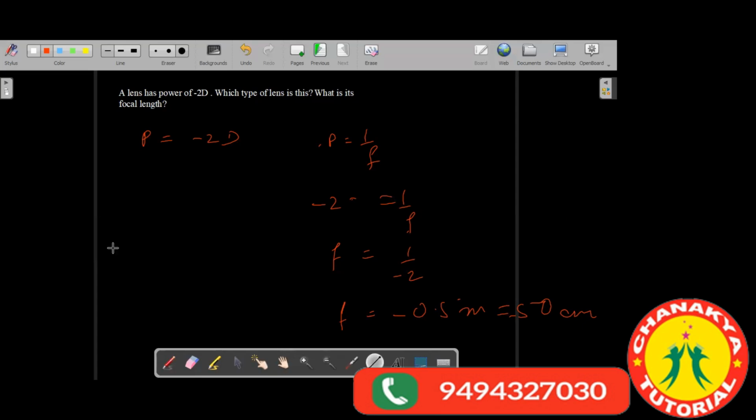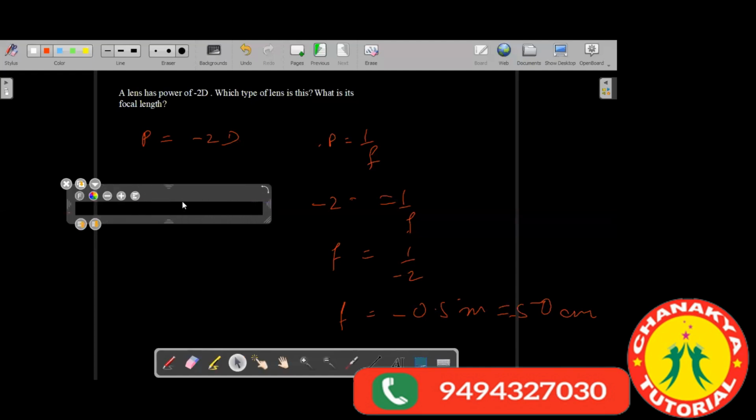Let's do another question. A converging lens has a focal length of 20 centimeters.